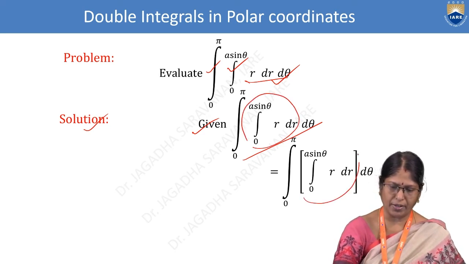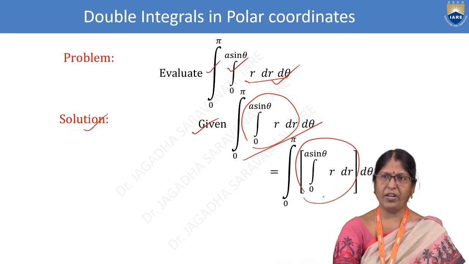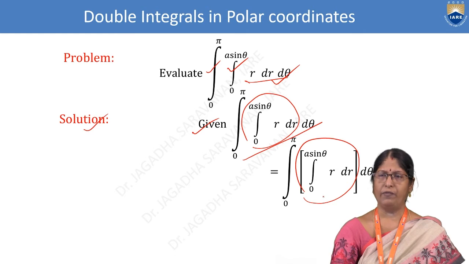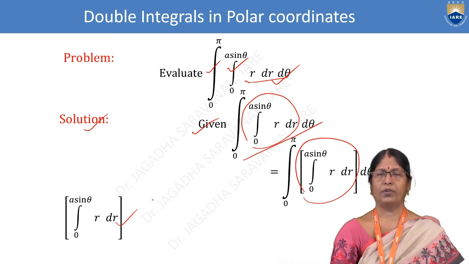Which part we are going to concentrate on is written here, the interior one. So the interior integral we will do first. Afterwards, in the particular place, we can substitute. So it has been taken out.